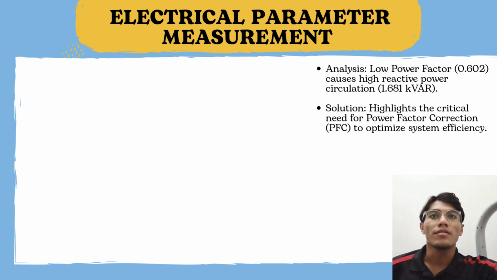Based on this reading, we calculate the apparent power to be 2.105 kilovolt ampere and the reactive power at 1.681 kilovolt ampere reactive. This leaves our system with a power factor of 0.602 lagging with a phase angle of 53.02 degrees.